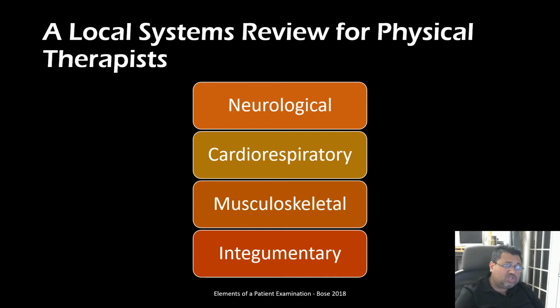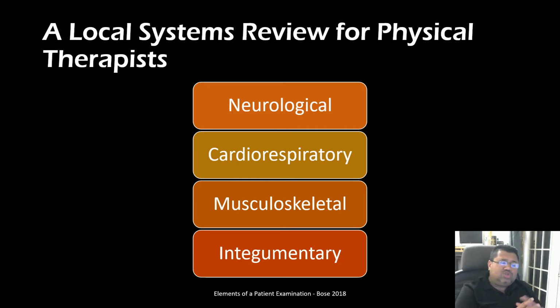If it's a musculoskeletal patient, obviously a thorough musculoskeletal examination, and so on. Now, because the musculoskeletal system is the primary system for movement disorders, we are essentially movement specialists. It is important that whether you are examining for neurologic or cardiac or skin, you must also do a musculoskeletal examination, even a cursory one, not a detailed one, and that's okay.